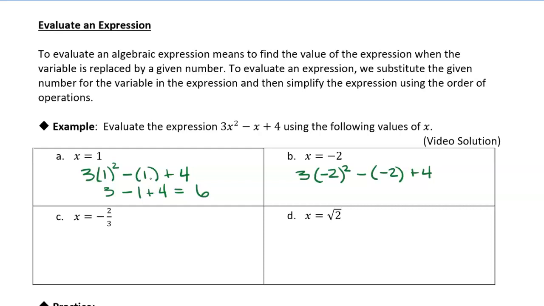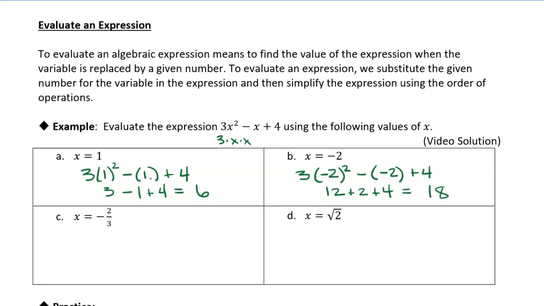That first term is 3x squared, so that means 3 times x squared. So when we put negative 2 in for x, we need to take negative 2 times negative 2, which is 4, and then 3 times 4 is 12. And then we have minus a negative 2, which becomes a positive 2, and then plus a 4. Add that all together and we get 18.